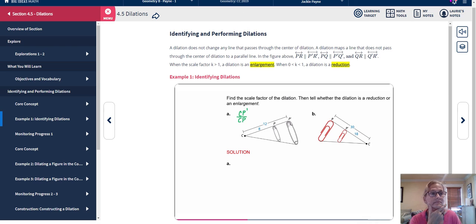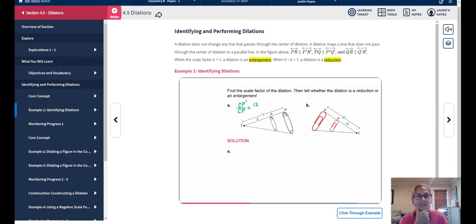So CP prime is equal to 12 and CP is equal to 8. Because CP prime divided by CP is equal to 12 divided by 8, or 12/8, the scale factor is K equals 3/2. When the scale factor K is greater than 1, a dilation is an enlargement. 3/2 is greater than 1, so the dilation is an enlargement.